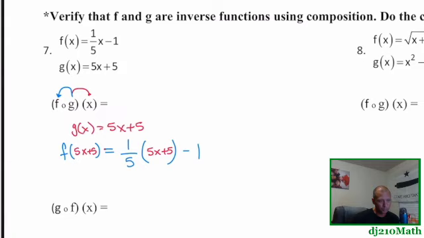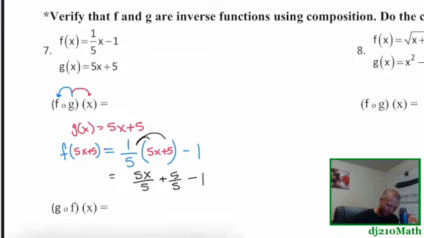So we've done it. We've inputted x. Now let's simplify and see if x comes out. Well, we inputted 5x plus 5. So this is going to be, we have to distribute. So this is going to be 5x divided by 5 plus 5 divided by 5 minus 1.